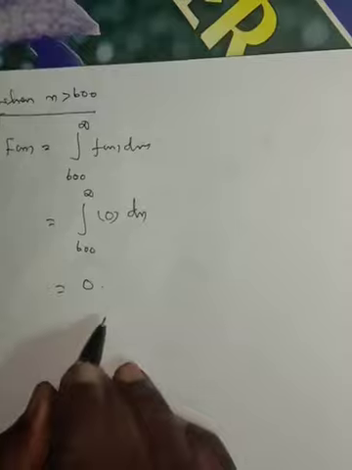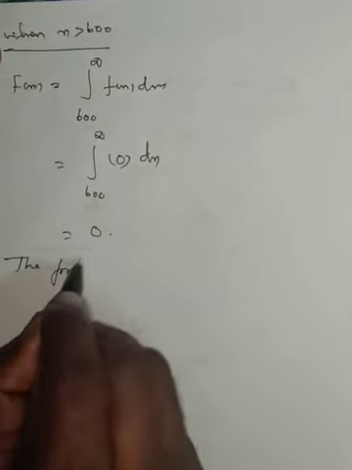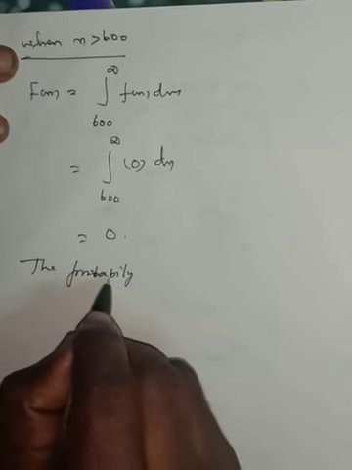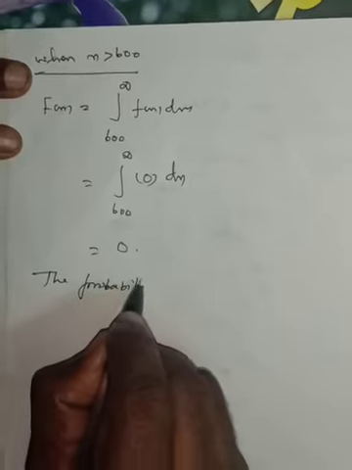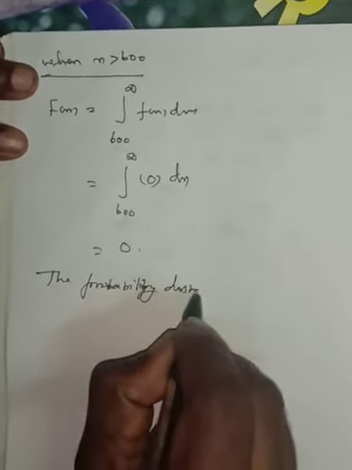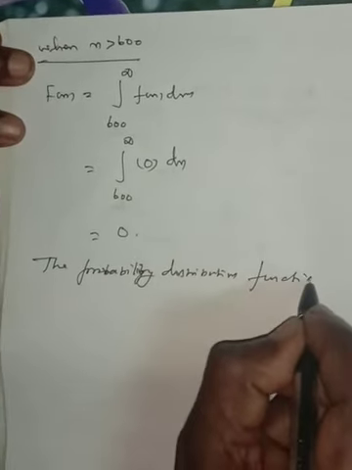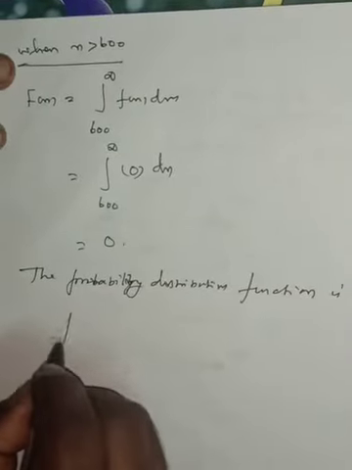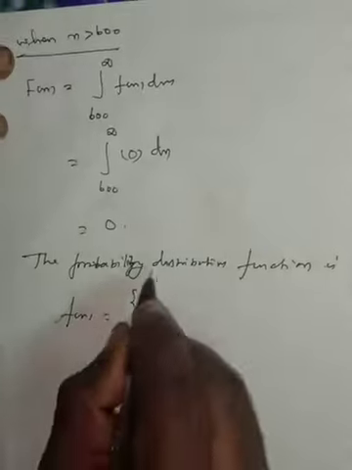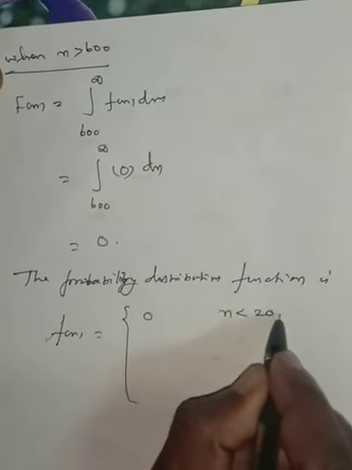The probability distribution function f of x is equal to: first case 0, x is less than 200.